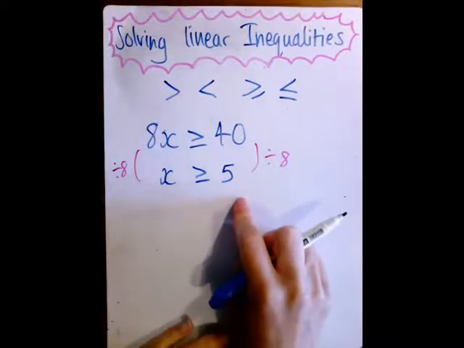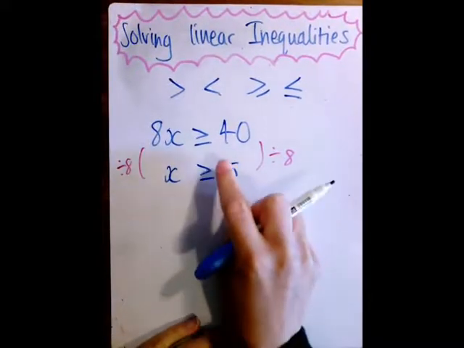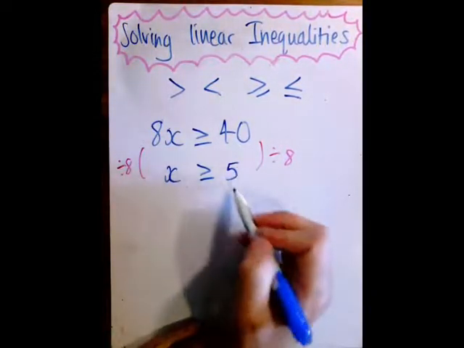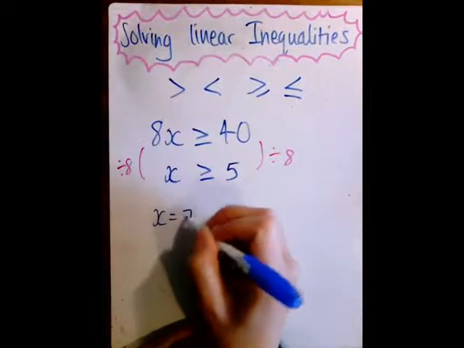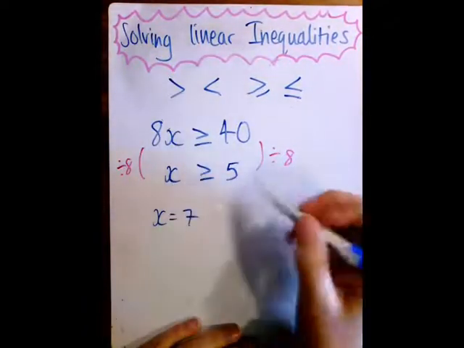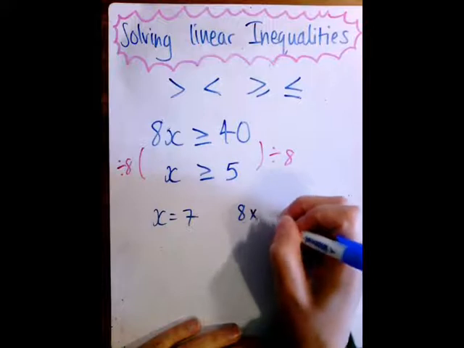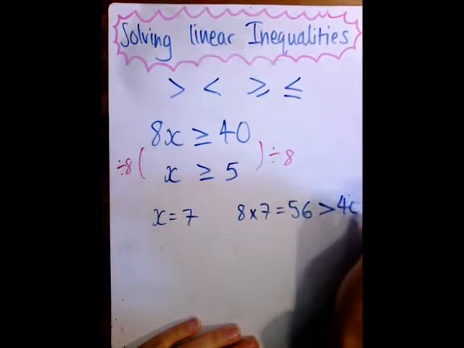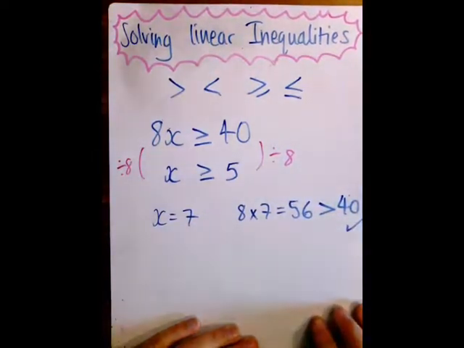And then you could test this to see if this works for the equation. So let's pick something greater than 5, so let's say x is 7. 8x would be 8 times 7, which is 56, and that is greater than 40, so that works.